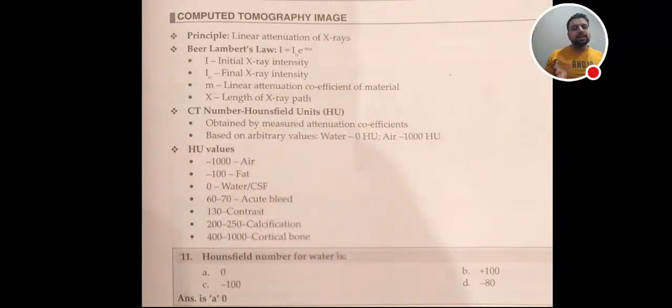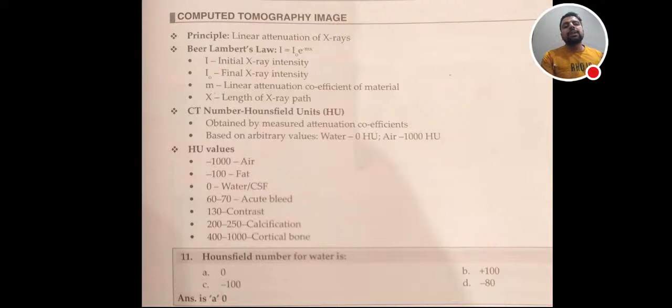So guys, previous year, in 2020, they asked the Hounsfield unit of water. This year they can most probably ask about air, which is 1000, or maybe fat, that is 100, or acute bleeding 60 to 70, or maybe contrast, which is 130.